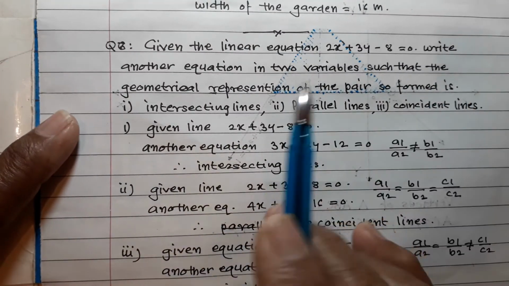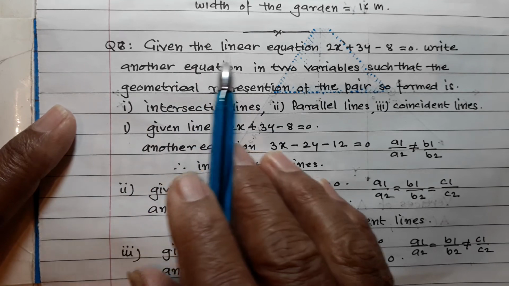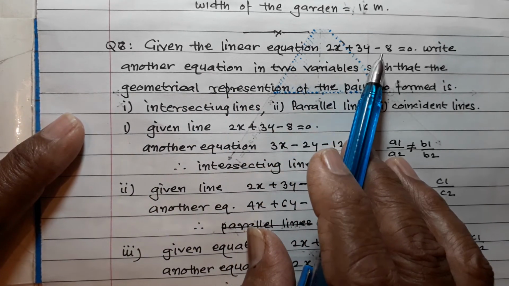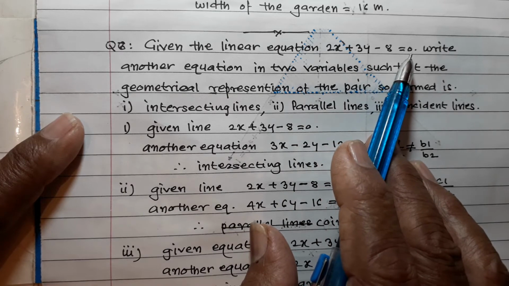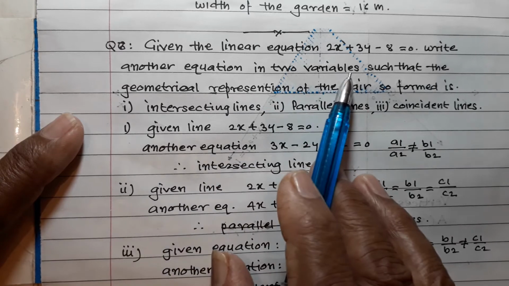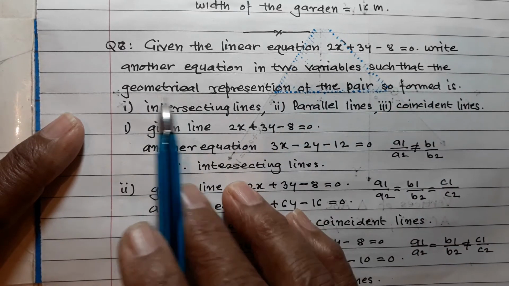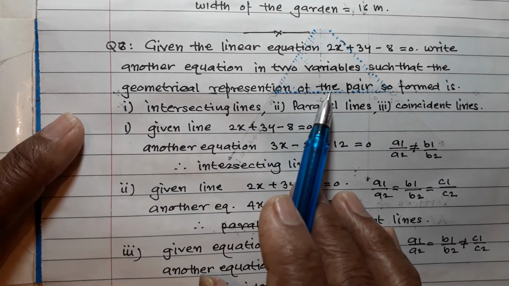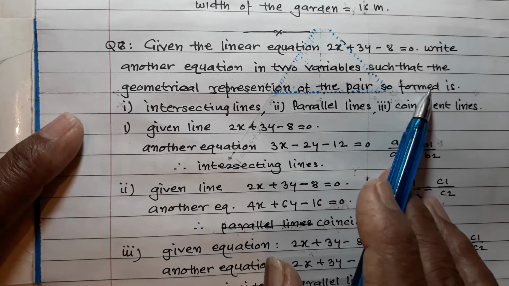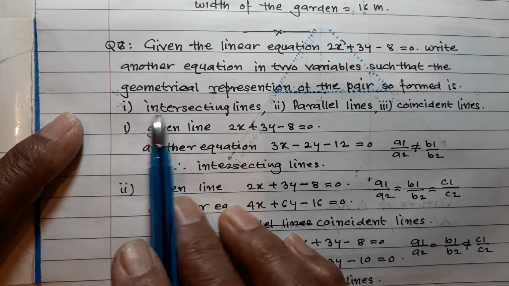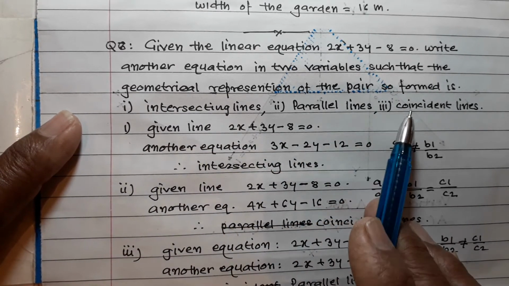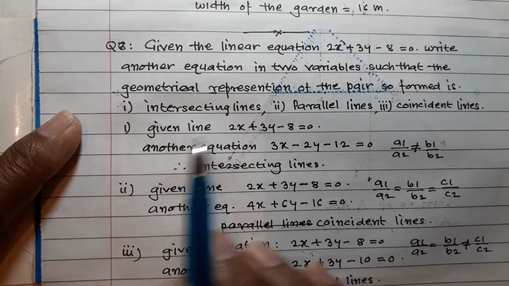Question number 8. Given the linear equation 2x plus 3y minus 8 is equal to 0, write another equation in two variables such that the geometrical representation of the pair so formed is: one, intersecting lines, two, parallel lines, and three, coincident lines.